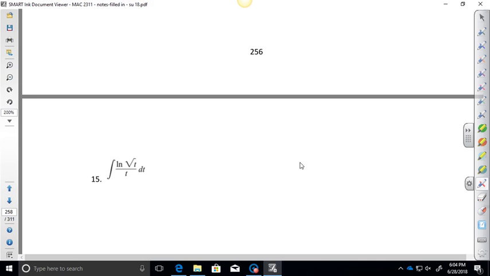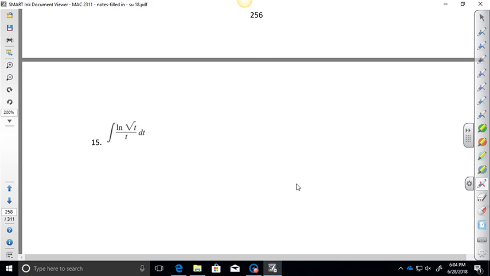Okay, what is ln of square root of t? Using the properties of logarithm, it is 1/2 ln of t. Then we're going to write times 1 over t dt. Why am I doing that? Because I can see the derivative of ln of t is 1 over t.